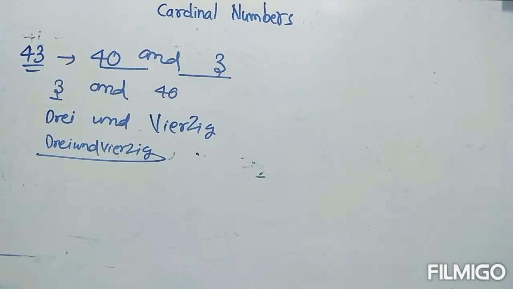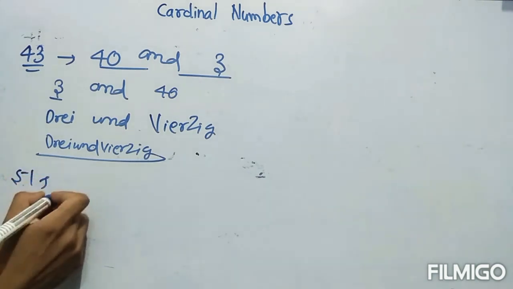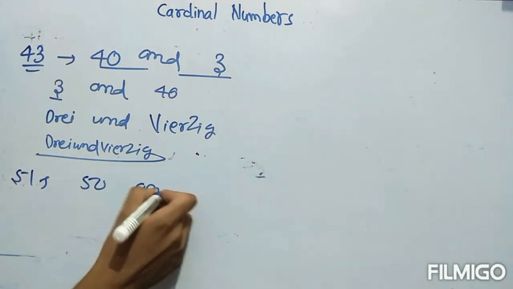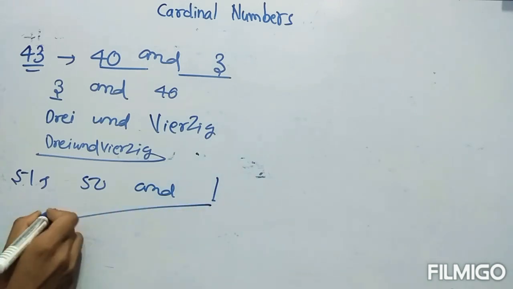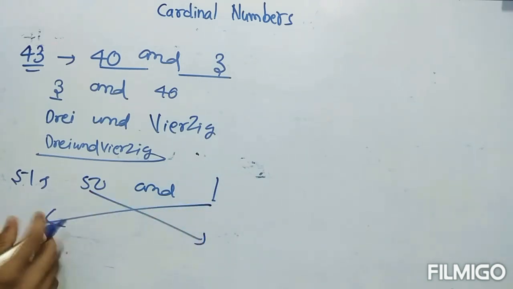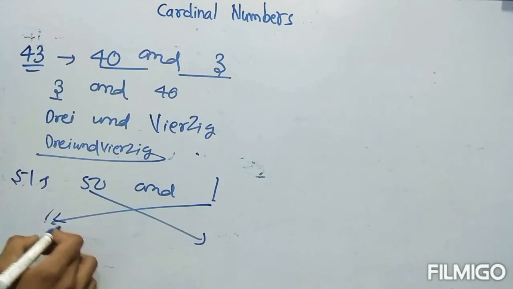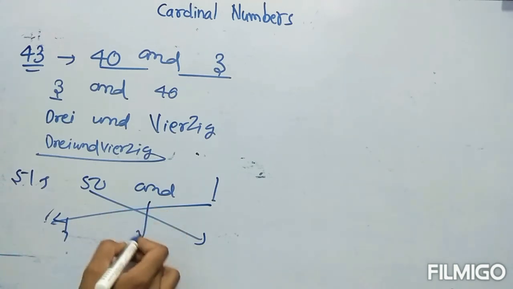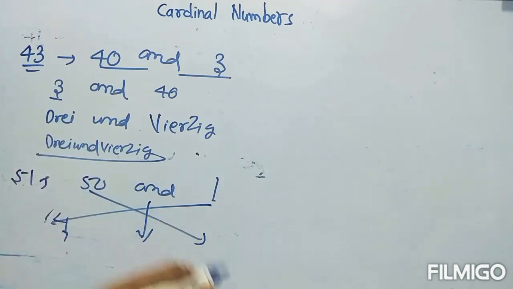44, 45, 46, 47, 48, 49, and next we know that 50 is fünfzig. Then for 51 we follow 50 and 1. You have learned to write 1 first, then und and 50, fünfzig.